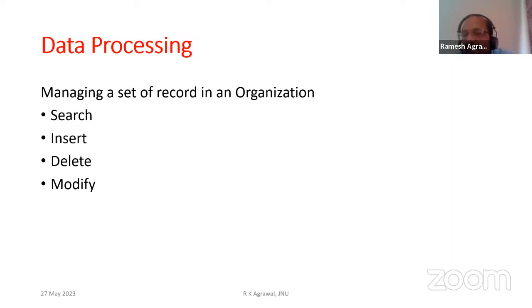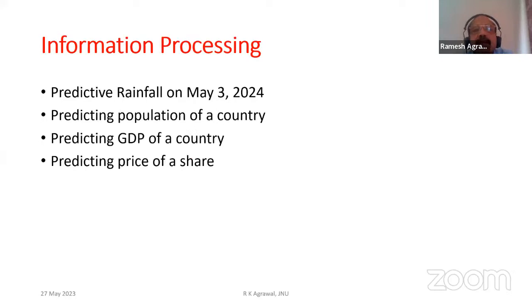But then, after using this successfully for data processing, we thought about what more can be done. And then we moved to another area, that is information processing. So what is information processing? Say you want to predict the amount of rainfall on May 3rd, 2024.